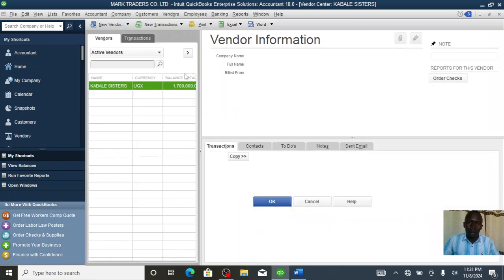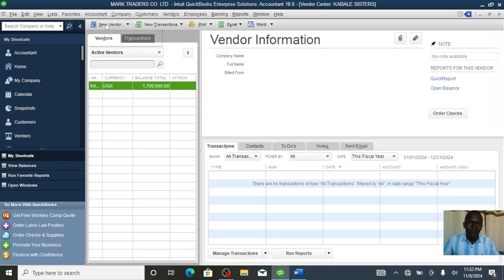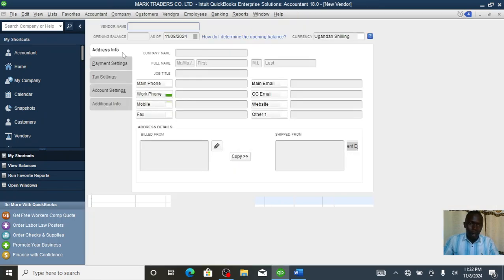Next, we create another vendor, Masaka Traders. The opening balance is 1,500,000.